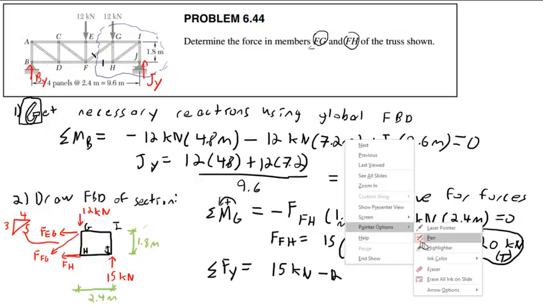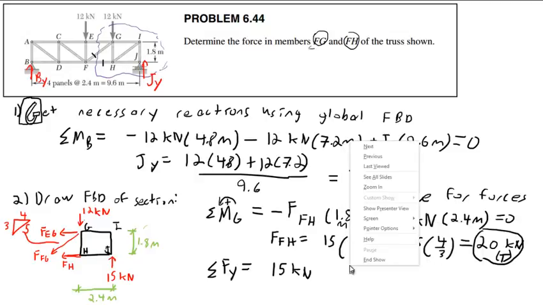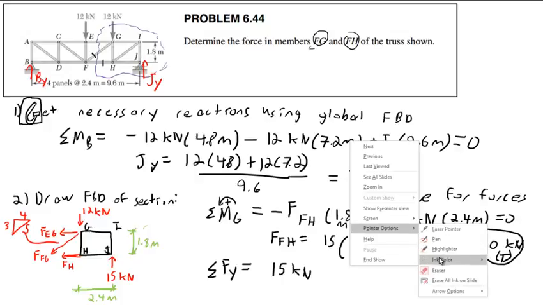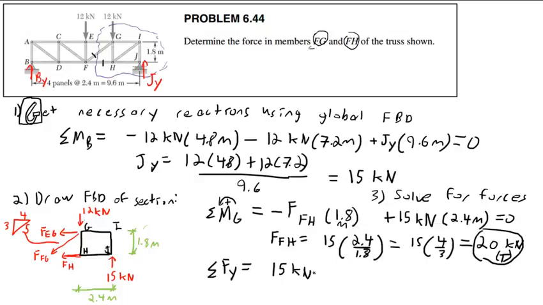That looks bad. Minus 12 kilonewtons, minus FFG times 3 over 5 for the vertical component equals 0.